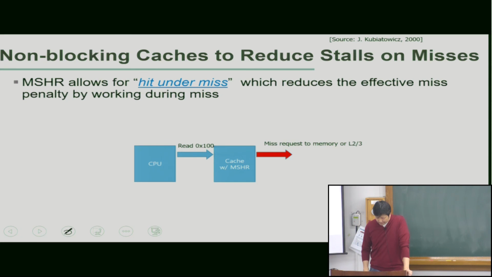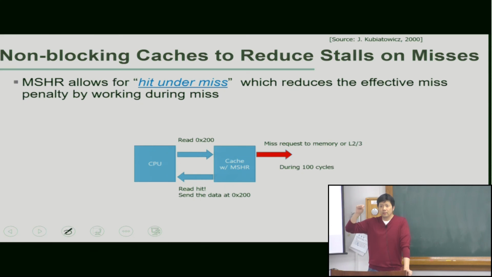At the same time, the second request can still be served. Say the second request comes in, and you can actually hit. So during the period when the first request is being served from the memory hierarchy, the second request can be serviced at the same time; it can generate a cache hit. In this way, you can do something useful during this period, which reduces the effective miss penalty by working during the miss.